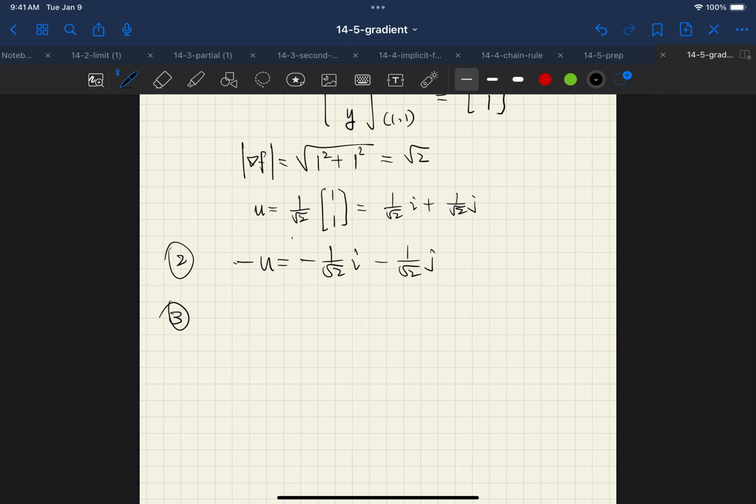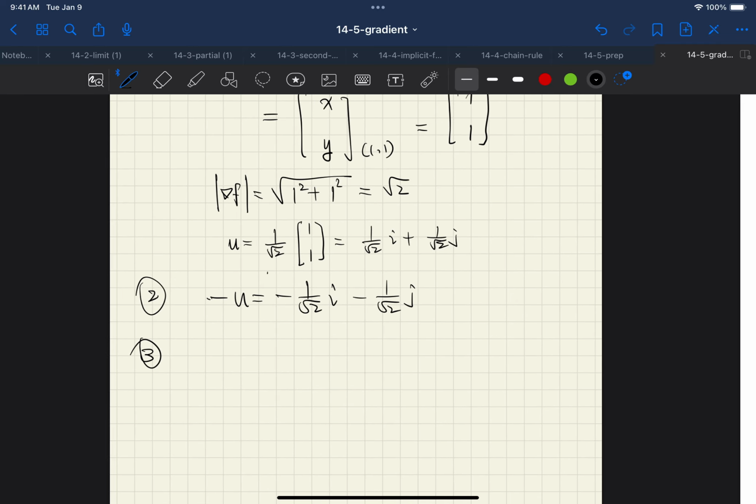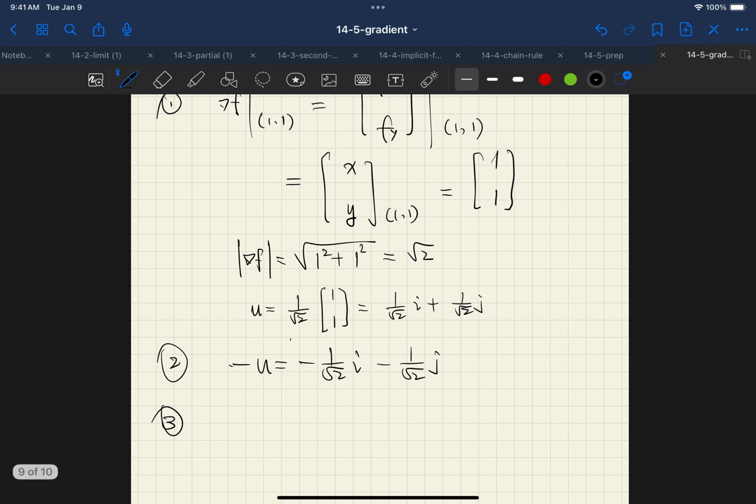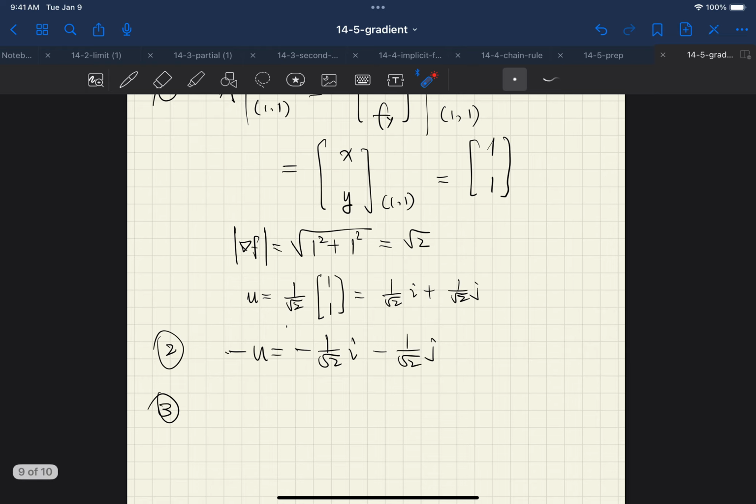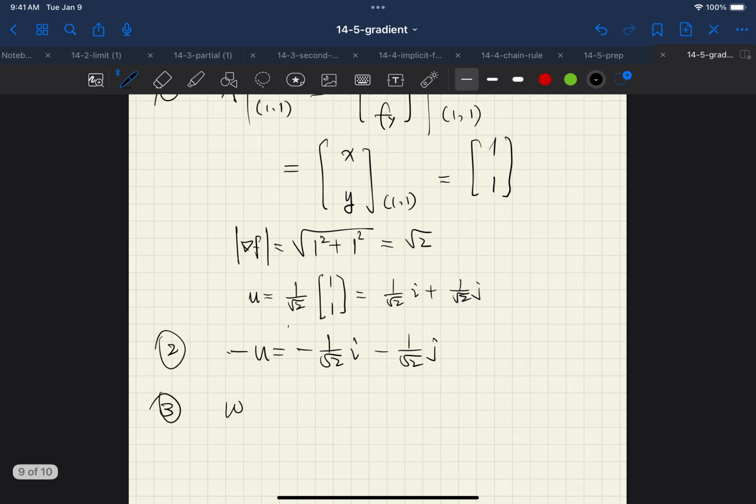Now the third one, we want to find u which is orthogonal to this direction, or perpendicular to this direction. For simple calculation, I want u which is perpendicular to (1, 1).